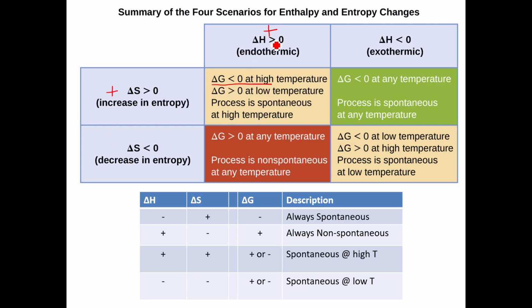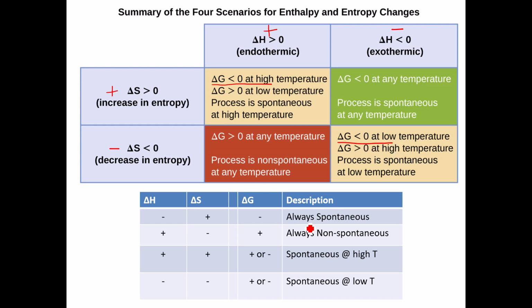Or I can have a positive delta H with a negative delta S, and this is our never spontaneous situation, both unfavorable. Or I can have an exothermic reaction, delta H is negative, with an increase in entropy. This is always spontaneous at any temperature. But an exothermic reaction with a decrease in entropy would be spontaneous at low temperatures.